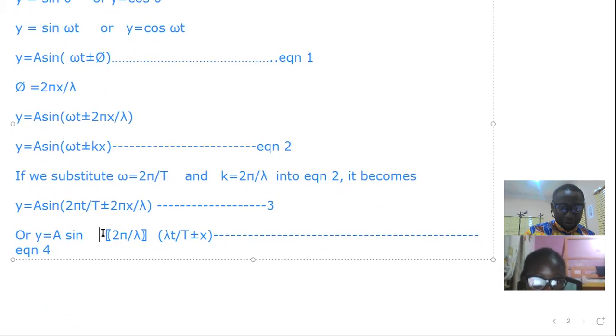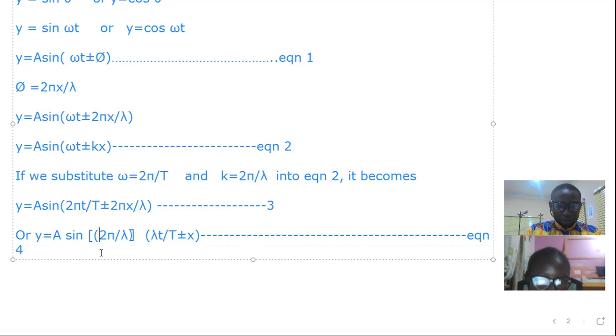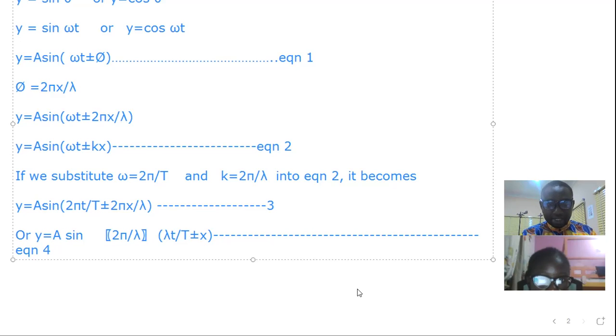By factorizing, we should be having something like this, equation 4: a sine 2 pi over lambda bracket lambda t, small t over big T, plus or minus x. That's actually what we should be having.